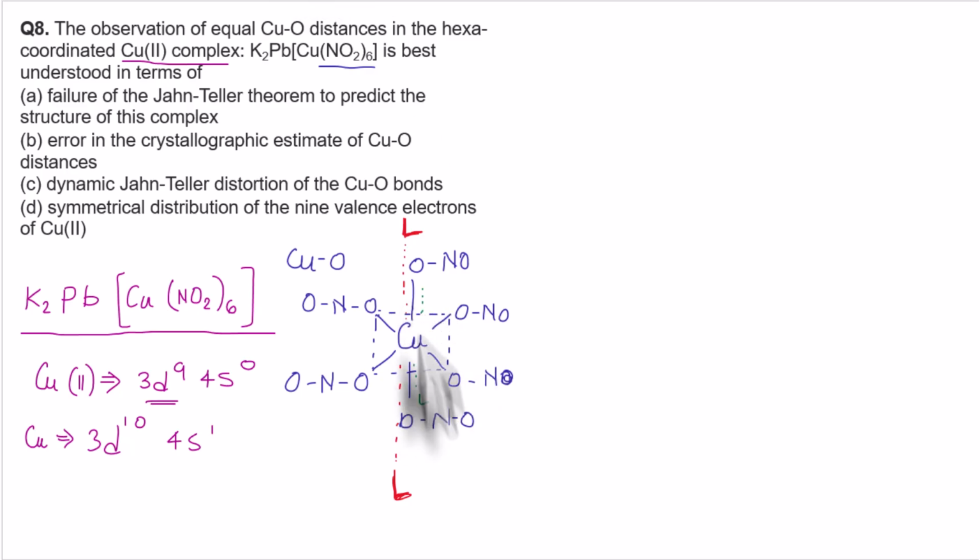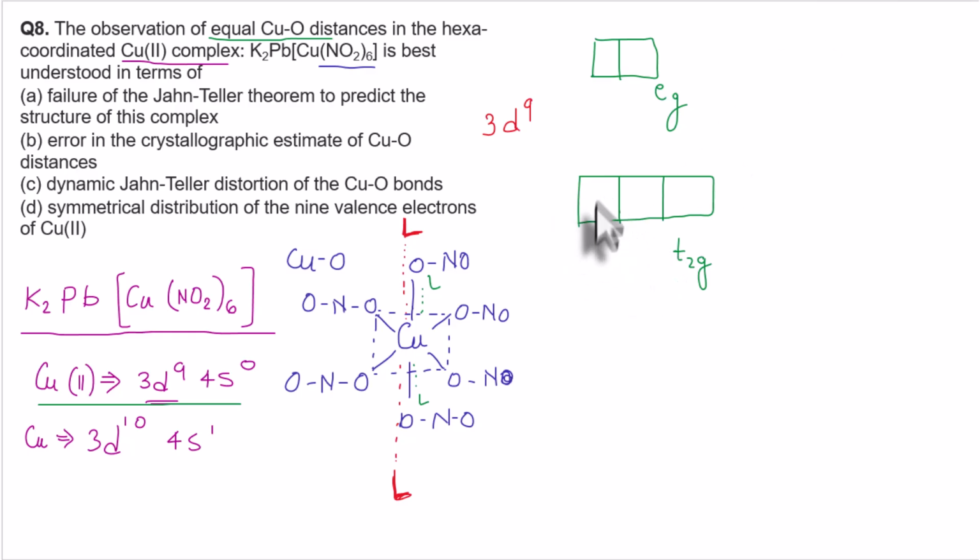That means these axial bonds are of different length compared to the remaining 4 equatorial bonds with the central metal ion. So we have to answer why these axial Cu-O metal ligand bonds are of equal length in spite of copper in the +2 oxidation state showing Jahn-Teller distortion.